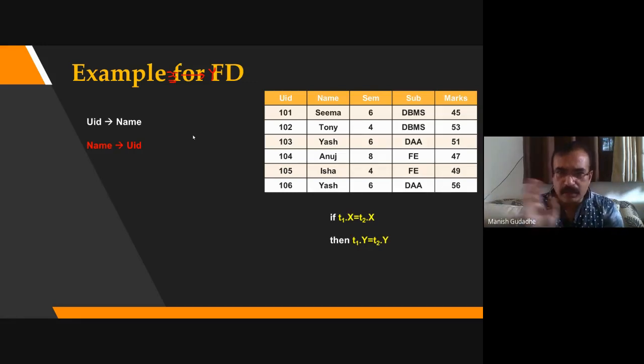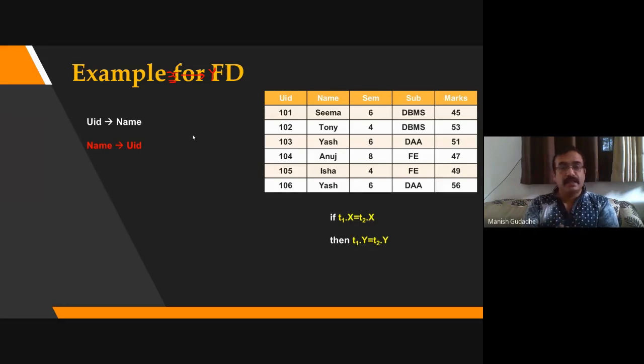What about name determines UID? Can I say that every time I have a name, I am going to get the same UID always? I have the name Seema. What is the UID for Seema? It's 101. UID for Tony is 102. UID for Yash is 103 and 106. So it is leading to two values.